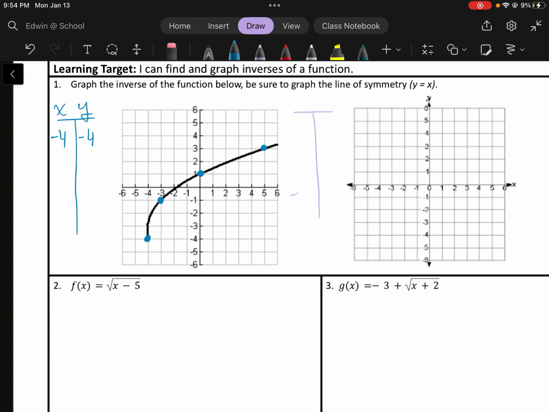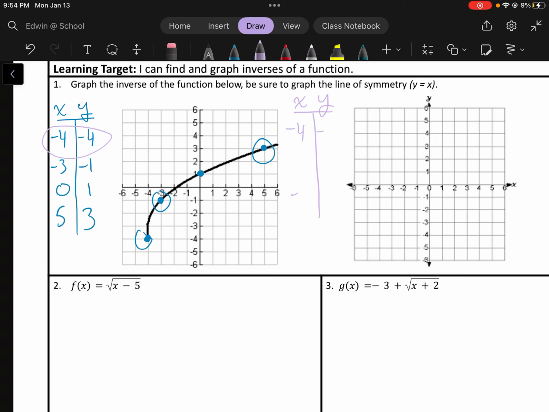So getting all these points, we end up with -4, -4, -3, and -1. So we got these two so far. Then we have 0, 1, and then finally this one all the way over here at 5 and then 3. So what we're going to do here is our x's are going to become our y's, and our y's are going to become our x's.